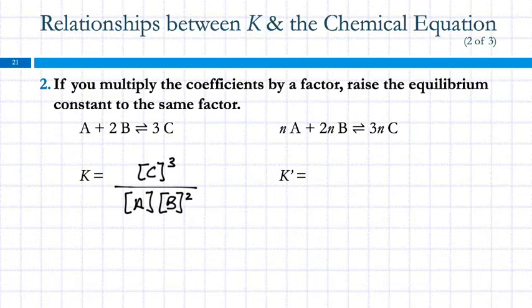And over here in the numerator, I've got the concentration of C, but now the coefficient is 3 times N. So the exponent is 3 times N. And then I've got A to the N and B to the 2N. Sometimes, to make a mechanism come out, we need to multiply all the coefficients by 2 or something. So if you multiply the coefficients by 2, you multiply all the exponents by 2 as well.